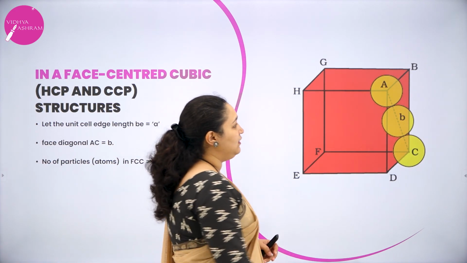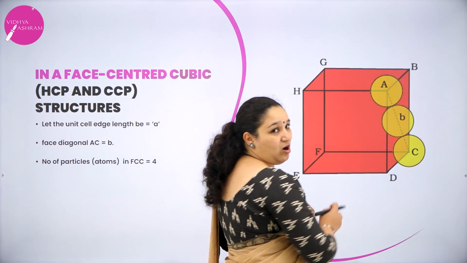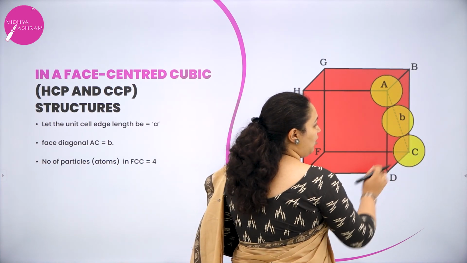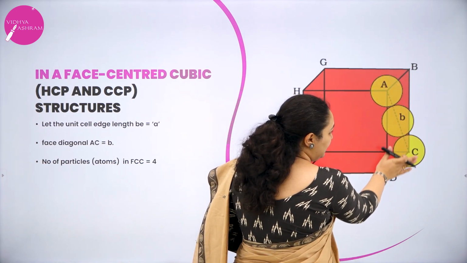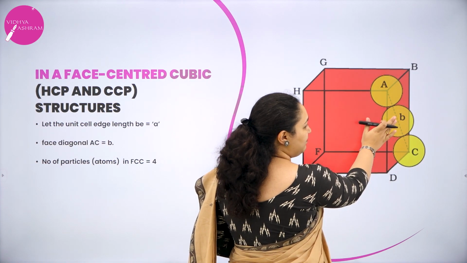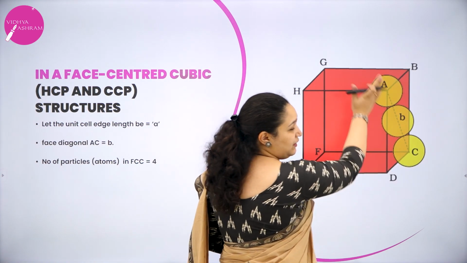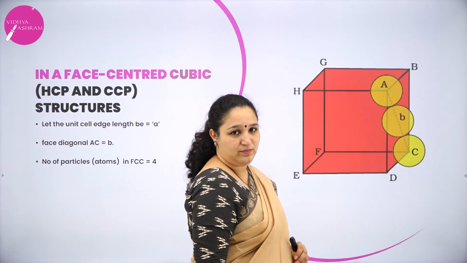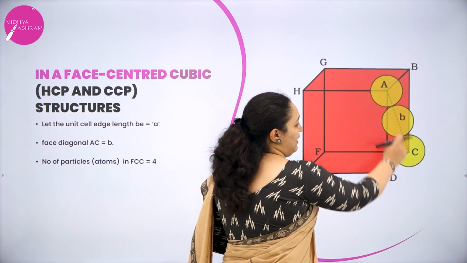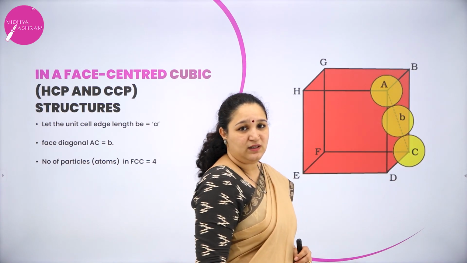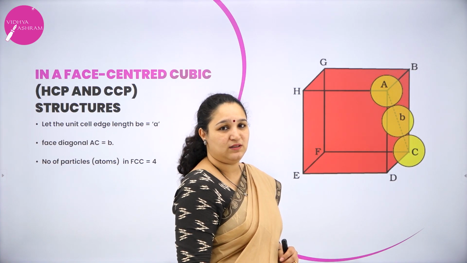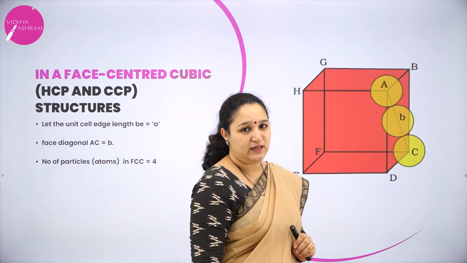We have taken the particle in the corner A, particle in the corner C, and the center particle, that is the face centered particle of only one face. This particular face we have drawn. Also, all these 3 particles will touch one another. That is what we have depicted.